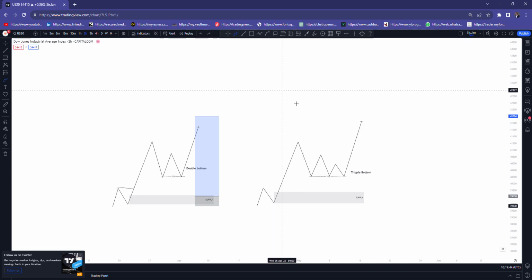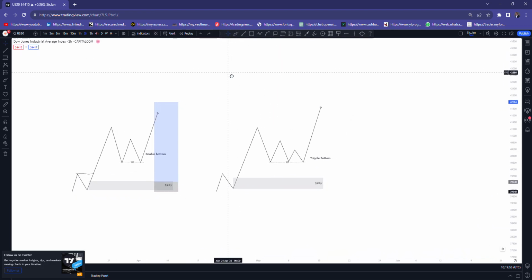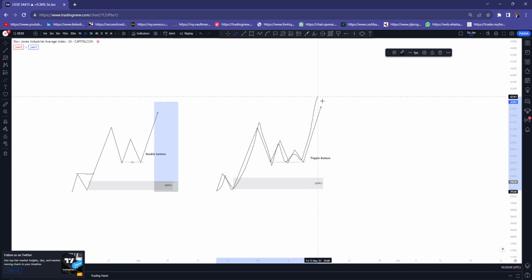Now this is the triple bottom type of liquidity. The price comes the normal way, it taps 3 times and it moves to the upside. Now here's the challenge.